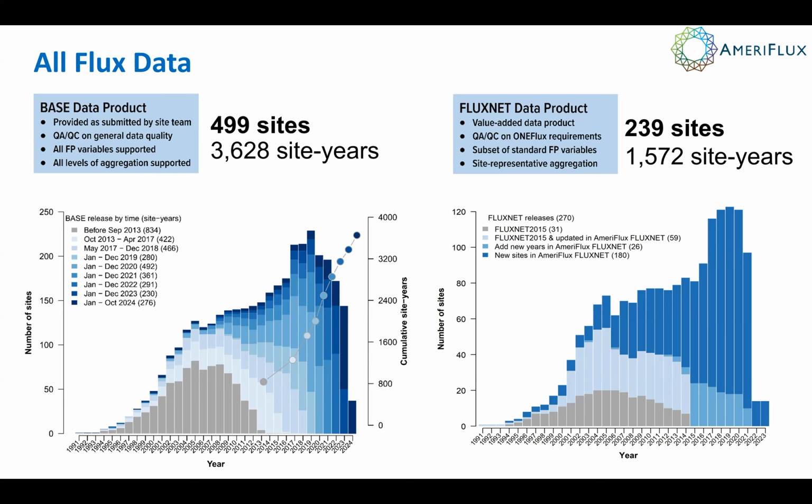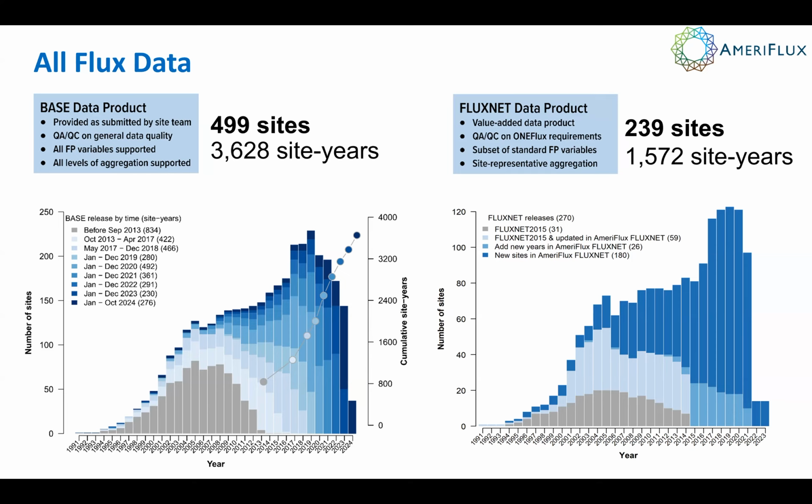Another version of the data is what Trevor just mentioned earlier about ONEFlux processing. We take the BASE data set and do post-processing. This includes gap filling, partitioning the CO2 flux into GPP and respiration, energy balance closure correction, and so on. This is what we process. And right now, if you count the previous FLUXNET2015 together, we have more than 200 sites available from the AmeriFlux network.